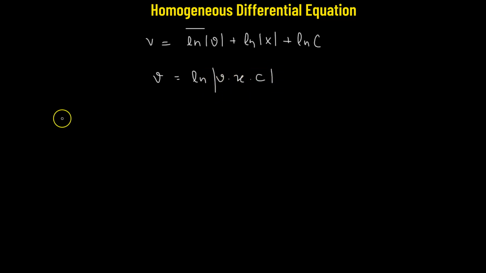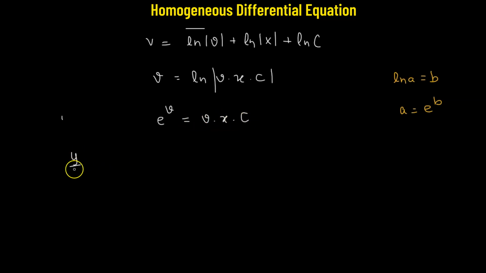Now we make the substitution. Before making the substitution, we will use the property of a logarithm: whenever we have log of a equals b, using the definition of logarithm, we have a equals e raised to the power of b. So that means we have e raised to the power of v equals v times x times c.